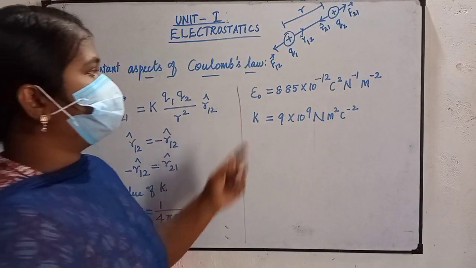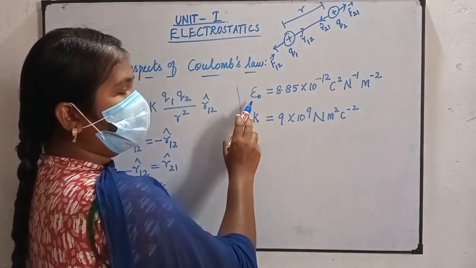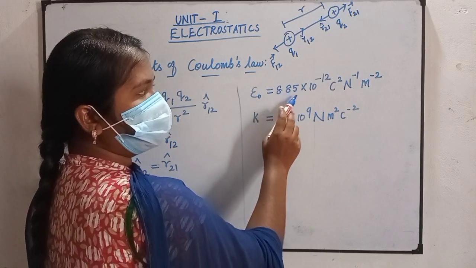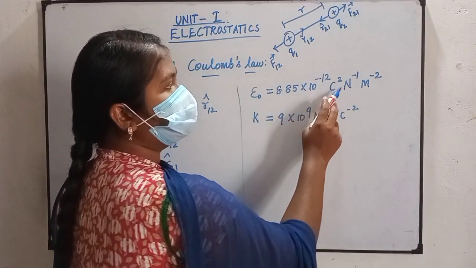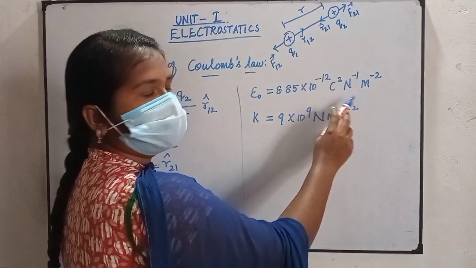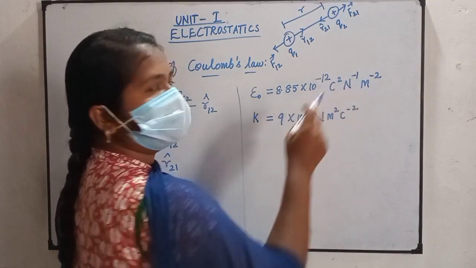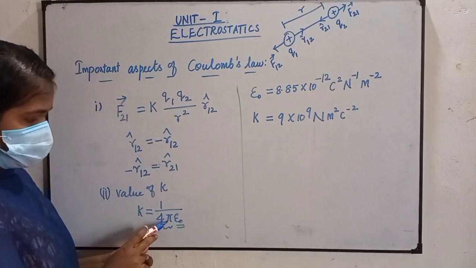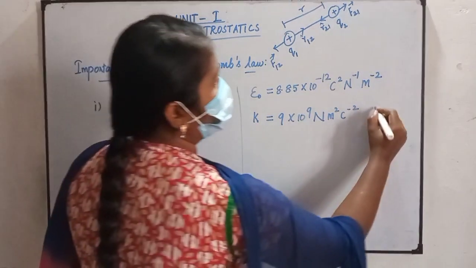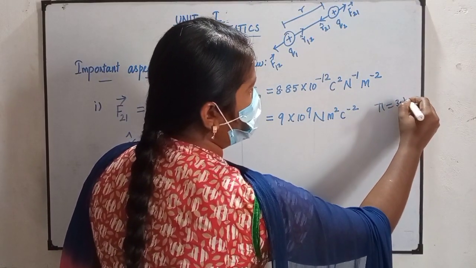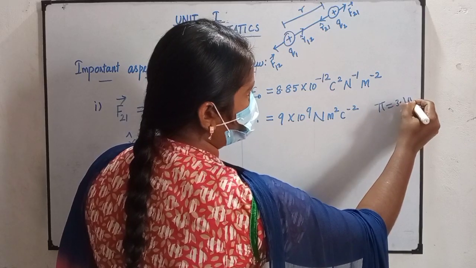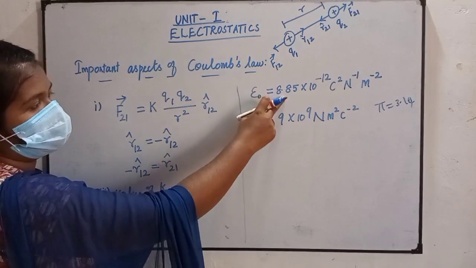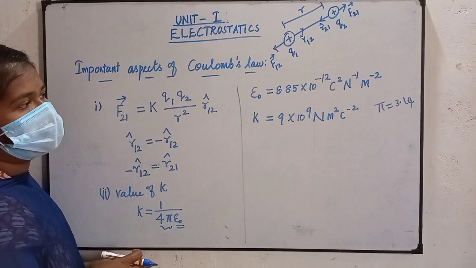The permittivity of vacuum is 8.85 into 10 to the power minus 12 Coulomb square per Newton per meter square. To find K, the value of pi is 3.14, the 4 is a constant, and epsilon naught is 8.85 into 10 to the power minus 12.